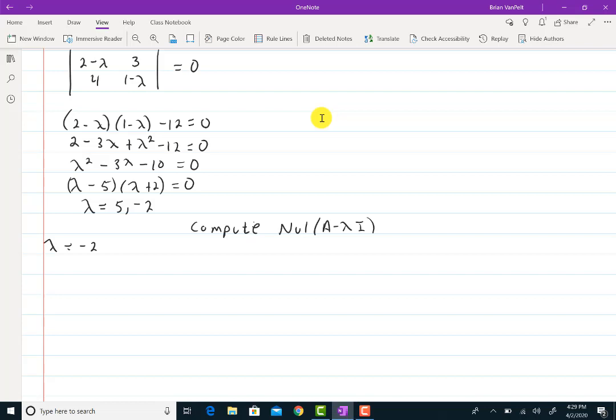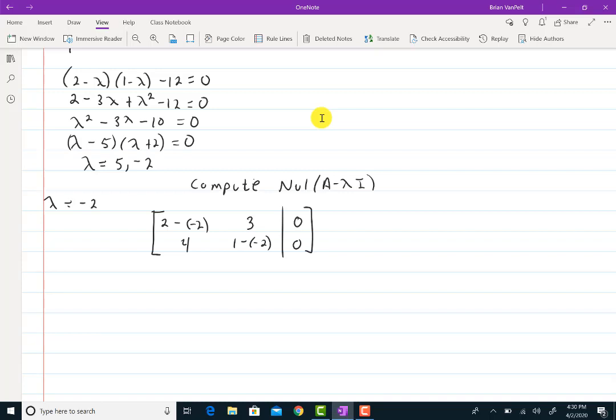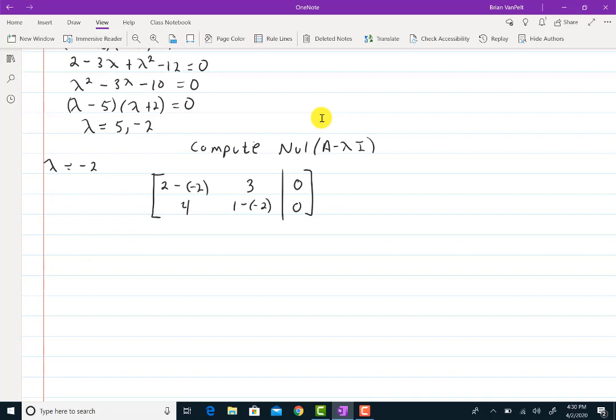So I'm going to be looking for this matrix: 2 minus lambda, 4, 3, 1 minus lambda, and I'll set it equal to the 0 vector because I'm trying to find the null space of that matrix. So anyways, let me continue.